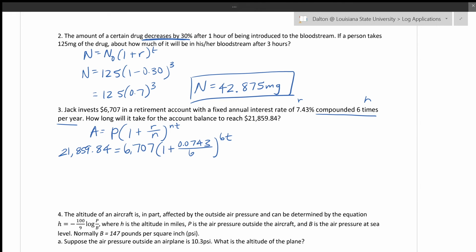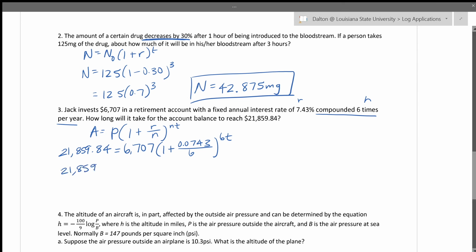to where you say, okay, this is about $21,859.84 equals 6,707 times, and you can simplify this number as 1 plus 0.0743 divided by 6, which will be about 1.0124, all to the 6t power. And then, like I said, you want to isolate your exponential term before you take the log of both sides.